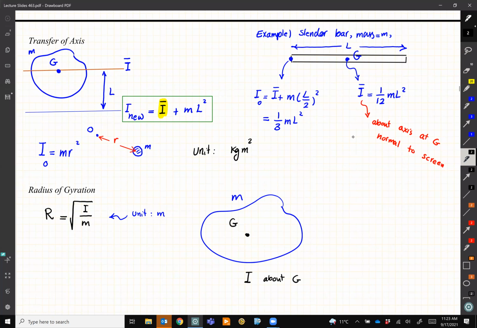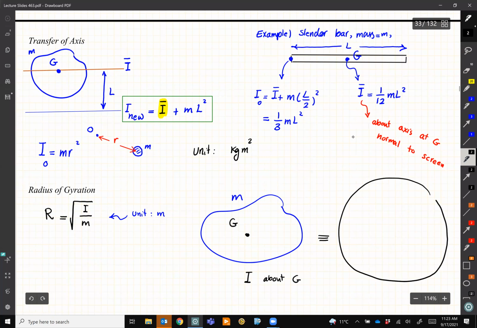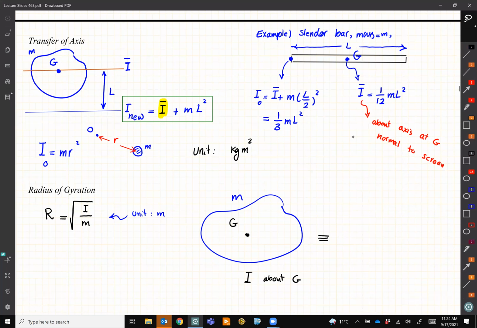So I would say, what is the equivalent ring, like a ring, if I can draw a ring, maybe let me use my circle things.